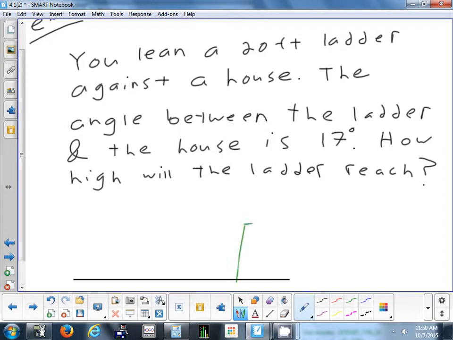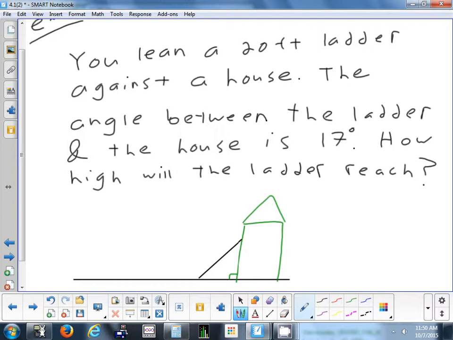Here's our house. We're going to lean a ladder against it, just like that. And we can assume that the house is built correctly. It's perpendicular to the ground. And it says the angle between the ladder and the house is 17 degrees. The ladder is the black line.